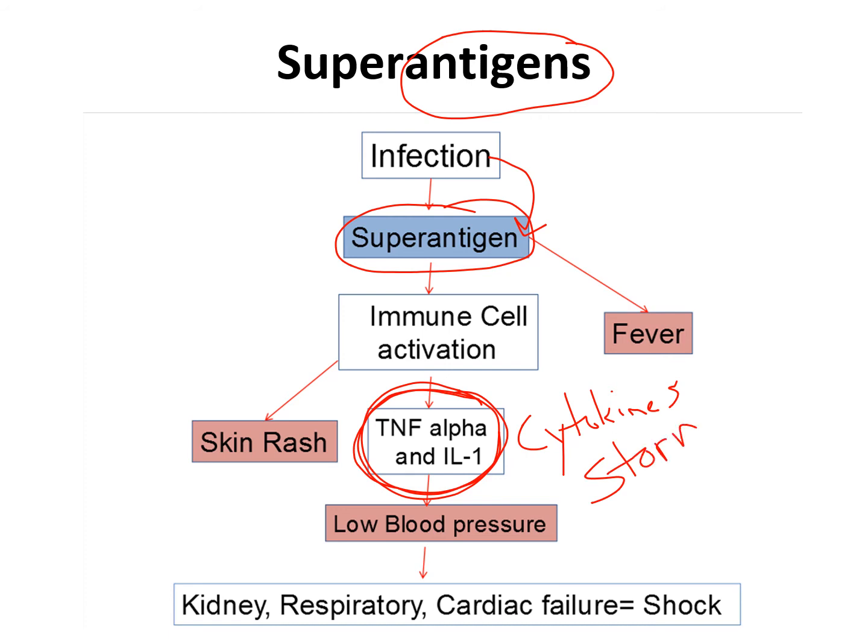There are so many cytokines that it overaffects the body, and it can cause all sorts of effects, and mainly the result is shock. And shock, if it's not treated soon enough, can cause death. So super antigens overstimulate the immune system, which results in shock. Toxic shock syndrome toxin is associated with toxic shock syndrome, which is associated with tampon use.